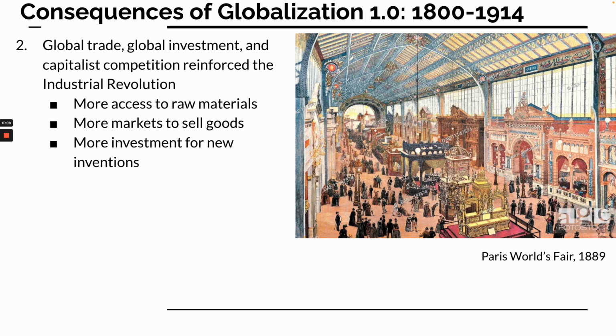And, again, there's global investment, so there's more money to be invested to fuel new inventions. And this is a time period of tremendous new inventions. As a matter of fact, when economists and other people look back at this time period, they're kind of jealous.